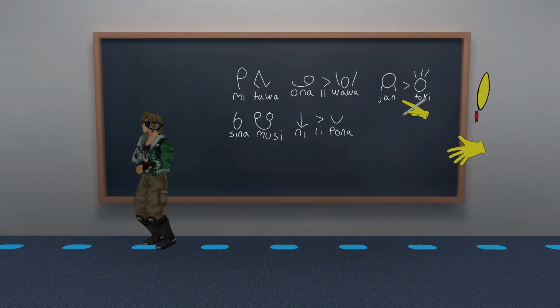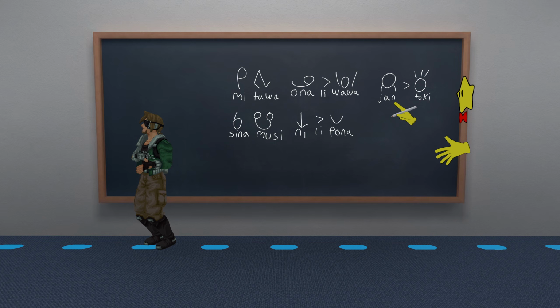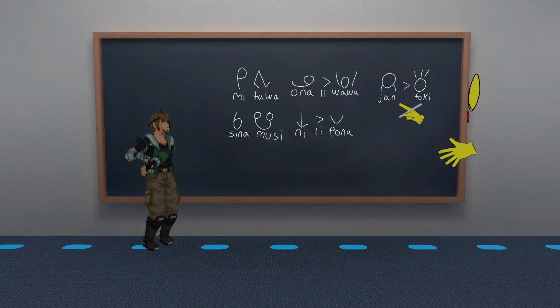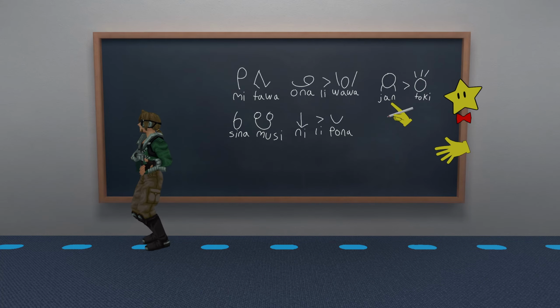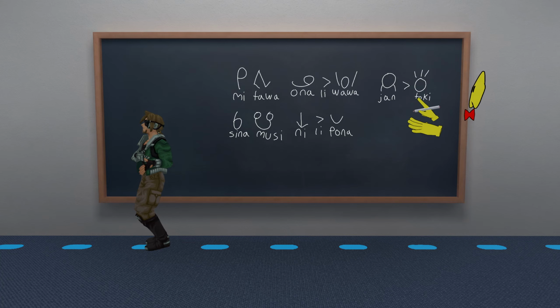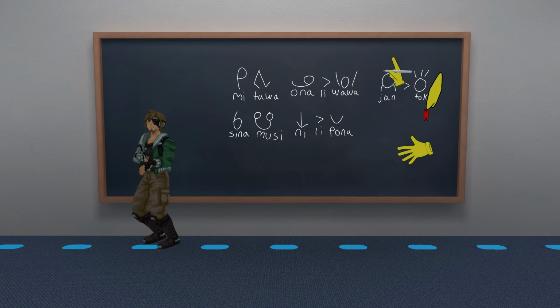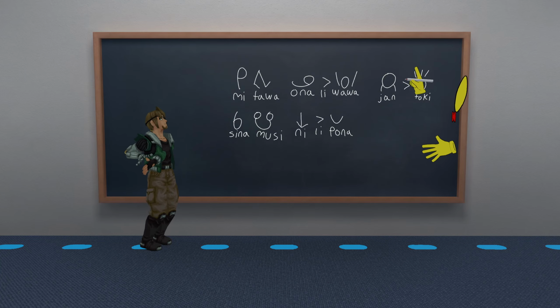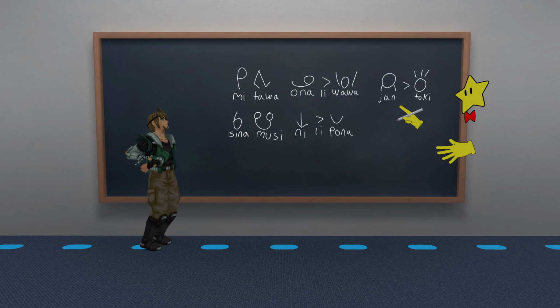So the reason I bring up jan here is because it is a great example of the pronoun thing that Toki Pona does with all of its words. While we haven't gotten to complex phrases yet, and we're not going to during this lesson, if I have a complex phrase that starts with jan, then later I can refer back to that complex phrase with just the word jan.